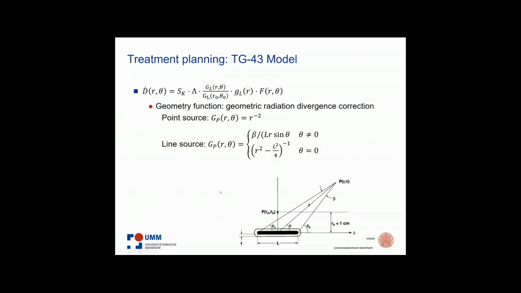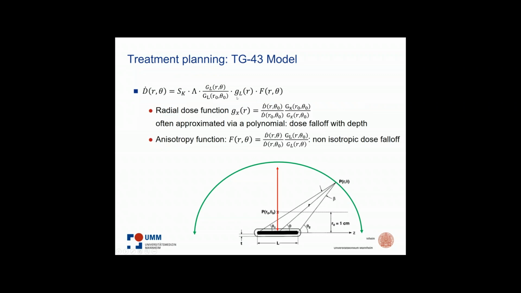If you have an extended source, a line source, then we have a little bit more complicated formula, which is describing the same. Now let's come to these two factors. So L is the length. Here I have written x, but it's meant the length of the source.